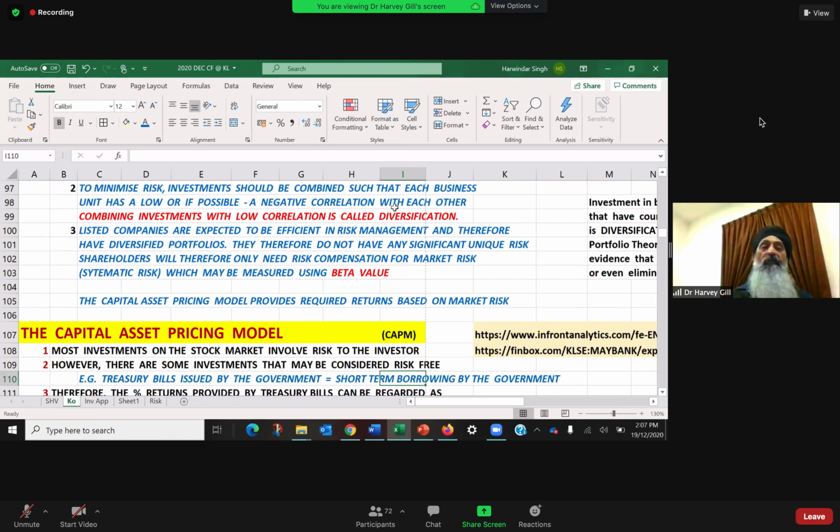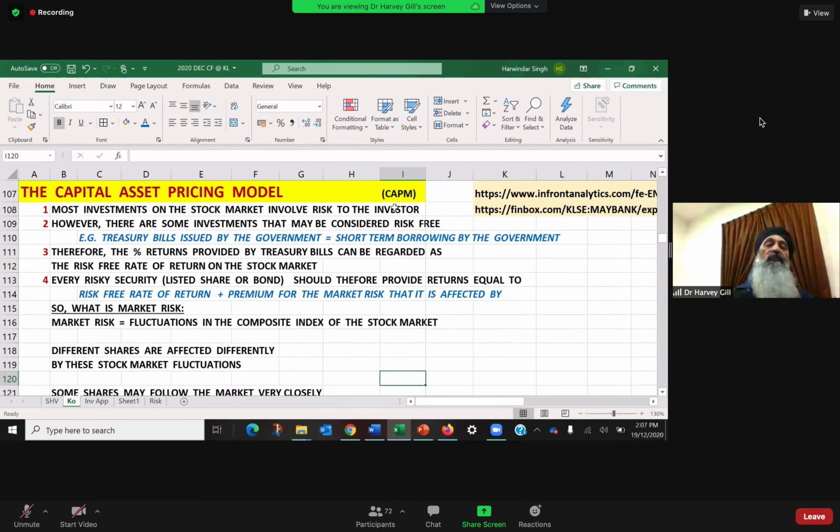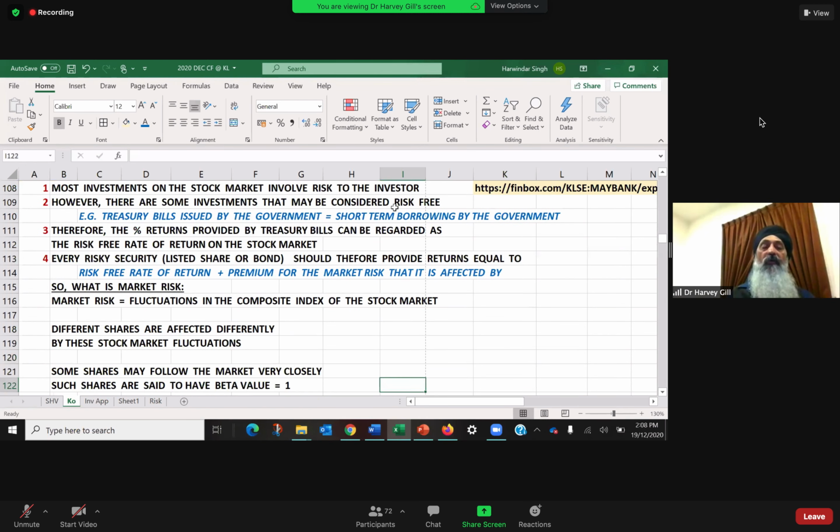Now, CAPM, as we call it, is a beautiful model because what it does is it takes the market risk measure, which is beta value, and puts it in an equation which we call the securities market line.